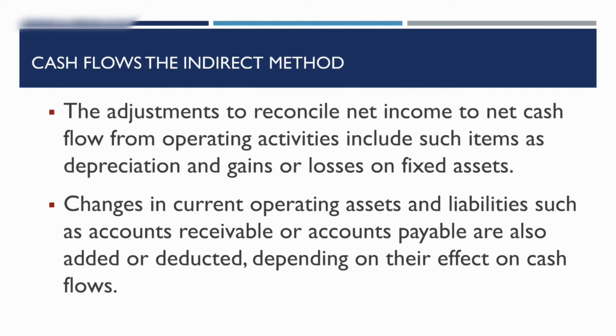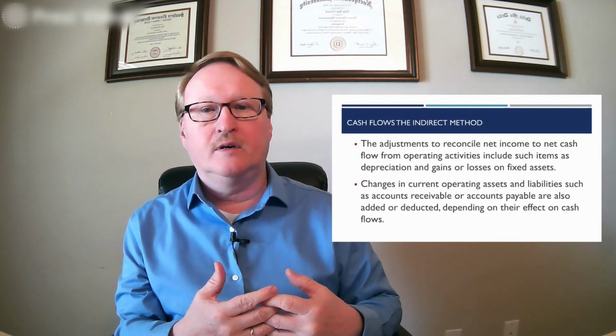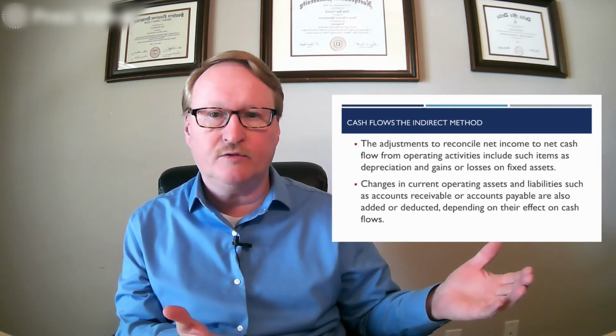And your accounts receivable will change from one year to the next. And so if your accounts receivable goes down, meaning less people owe you money, that means some people paid you cash, right?